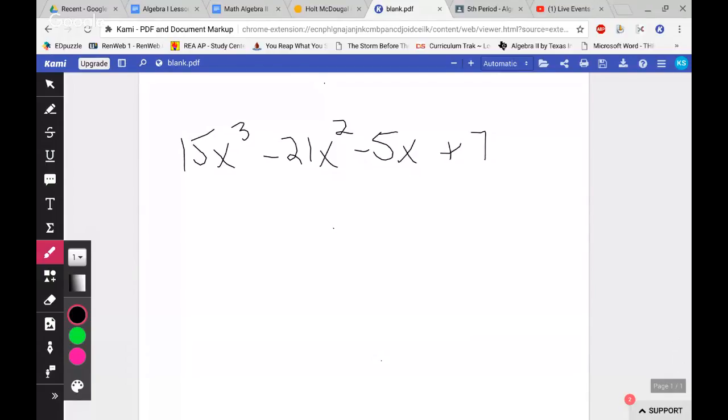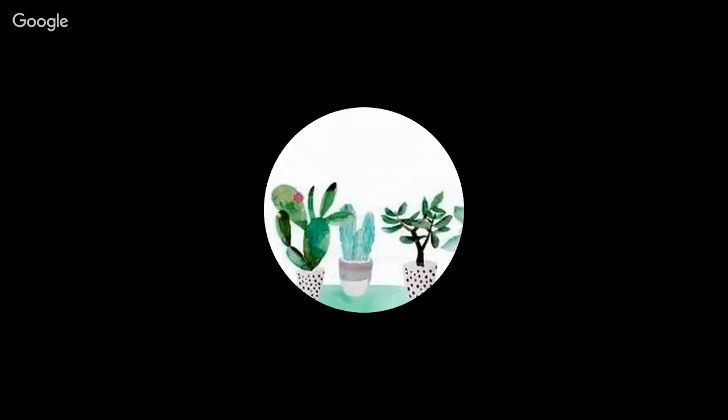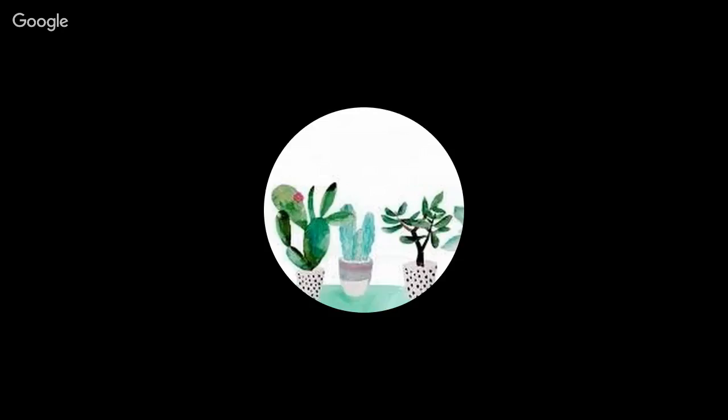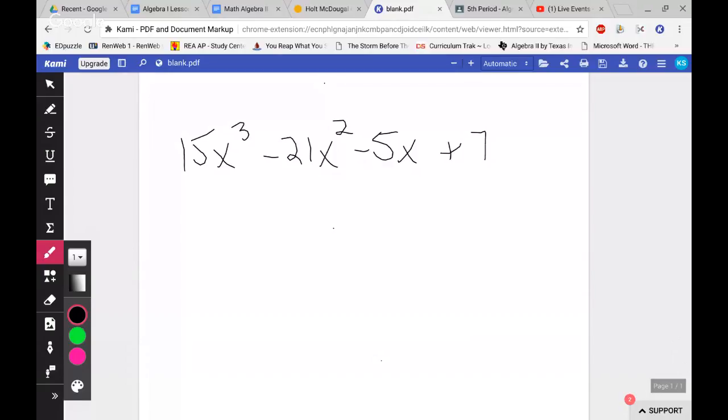Now this one is a little more interesting. It'll work. What exactly will work? Well, there's multiple ways to approach this one.